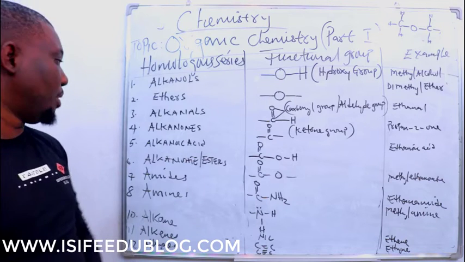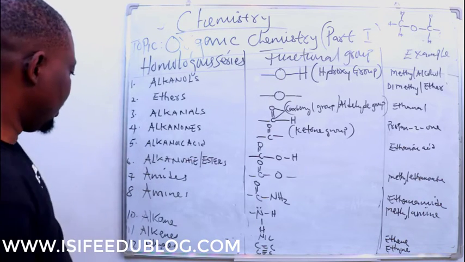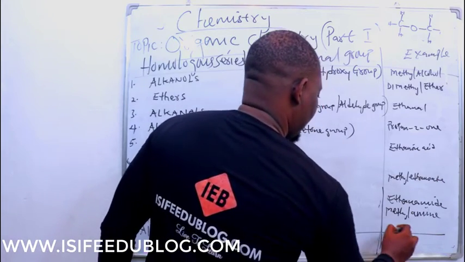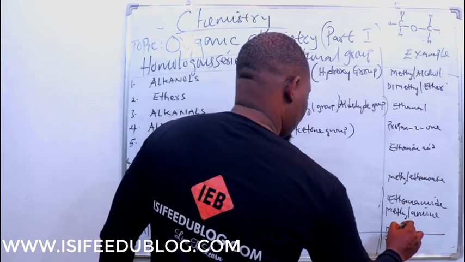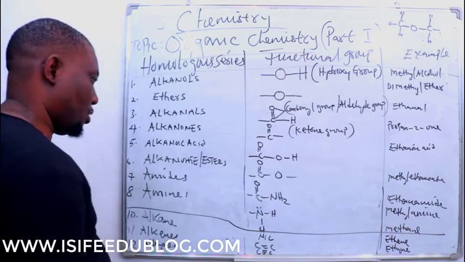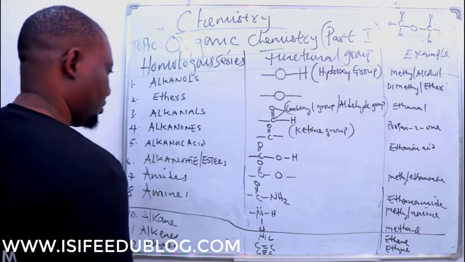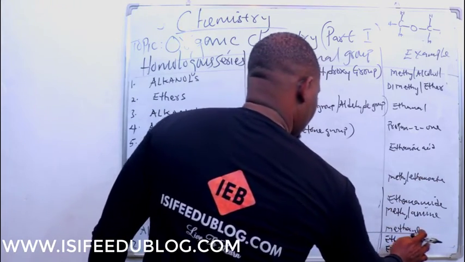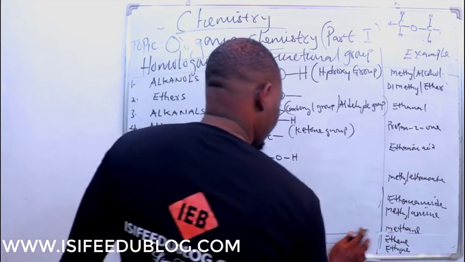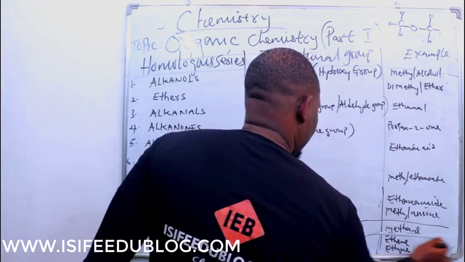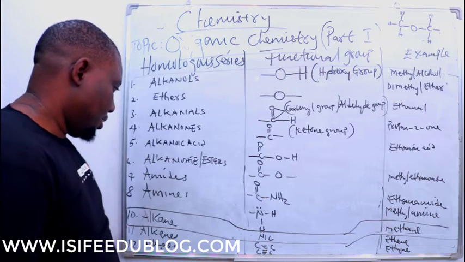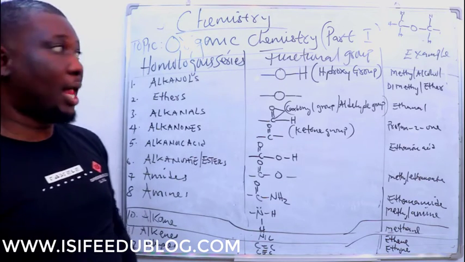The only organic compound without a functional group is alkane, example methane. The double bond is the functional group of alkenes. The triple bond is the functional group of alkynes.